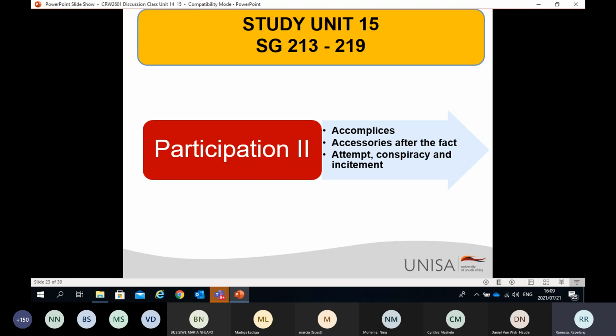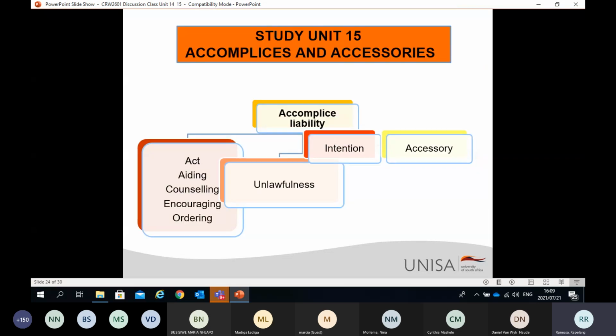So Z would not be a perpetrator, but would have committed an act that furthered the commission of the crime by the perpetrator or the main person concerned.